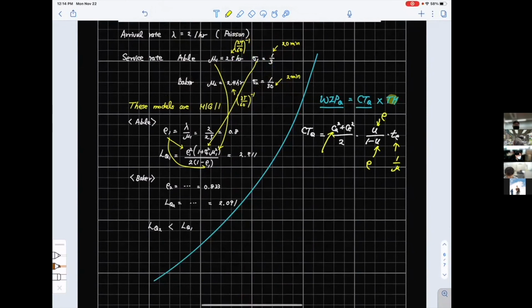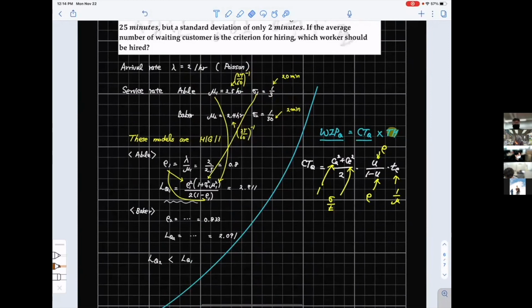And the arrival process CA is 1, and CE is sigma over T. So you can insert the numbers of both workers here. So you can use this Kingman formula instead of this one.